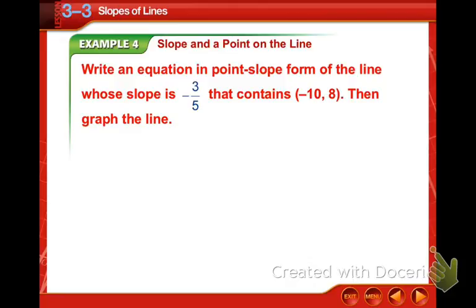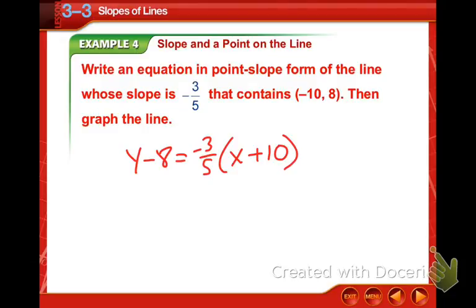Next one, we are given a slope and a point that we want to contain the line. We want it in point-slope form, so we don't have to simplify it. So y minus y1, so 8, is equal to our slope, negative 3/5, times x minus negative 10.